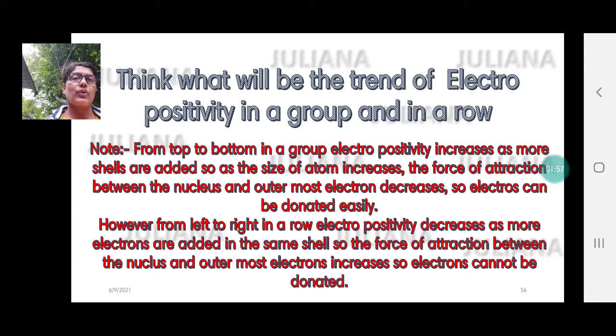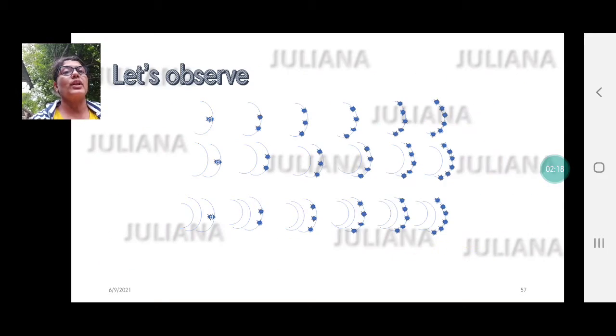However, in a row, that is in a period from left to right, electropositivity decreases as more and more electrons are added in the same shell. So it is very difficult now to donate electrons. However, as you move from left to right towards non-metals, it is easier now to accept electrons. So they become more electronegative.